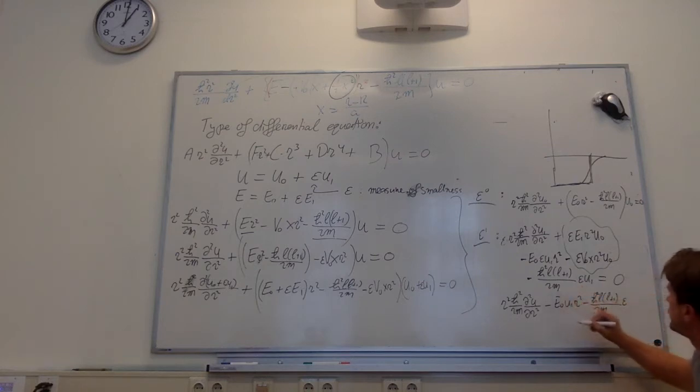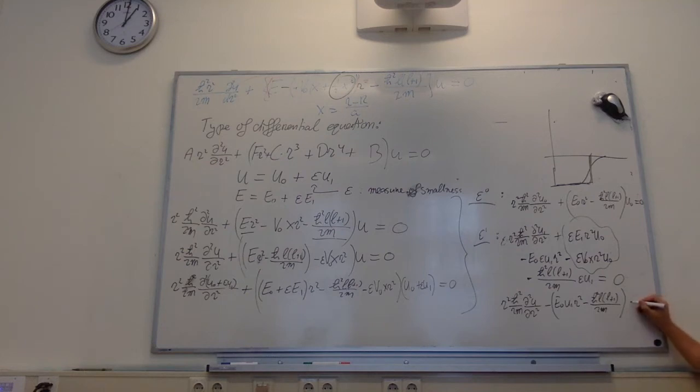I think this is it, yes? U1, this is u1, equals, careful now, this part. All the U1s I've put to the left side, and everything else goes to the right.